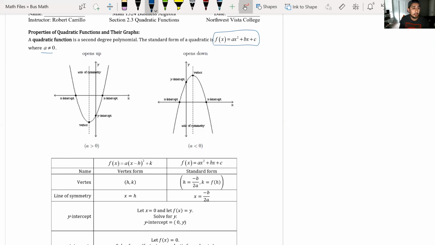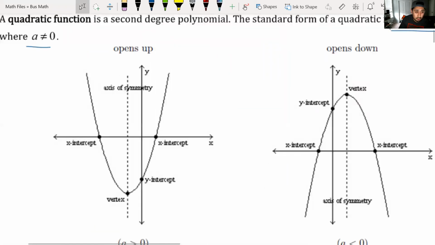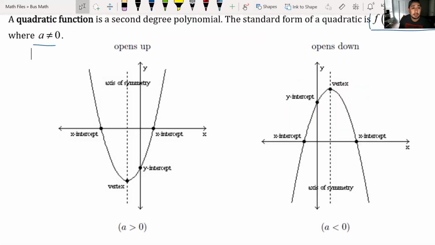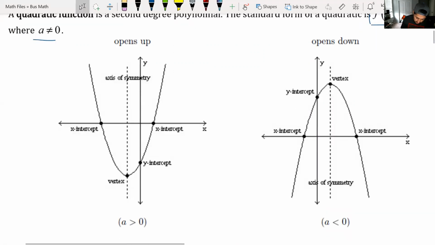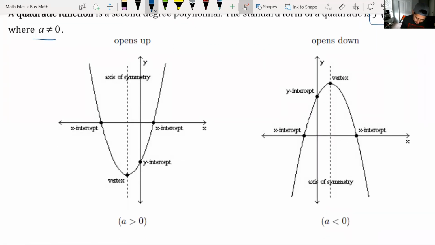Okay, so some characteristics of the graph of a parabola, which are the two pictures down below. All right. So if our parabola opens up, first thing to notice is that down here, the leading coefficient is greater than 0, which means the leading coefficient is positive.